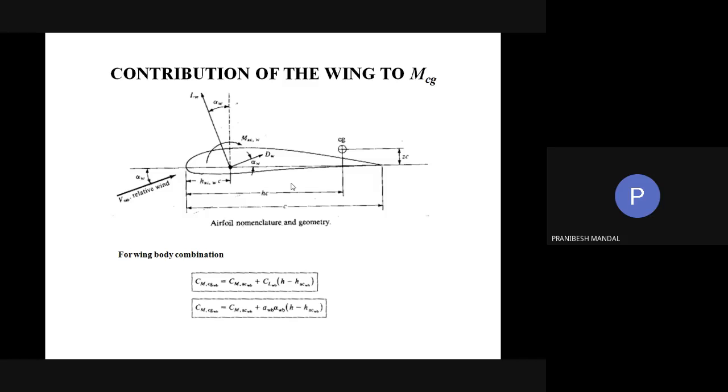Can you not understand from this picture? Sir, H. Yes. H is in my hand, more or less. I can control H. I can change the position of this particular wing a bit forward or backward, and I can change this H. Obviously not at my own will, but at best I can change this.